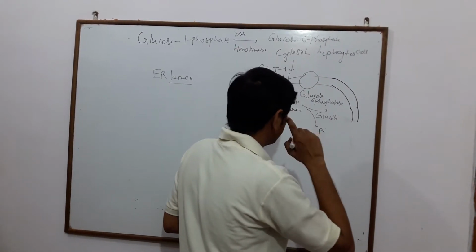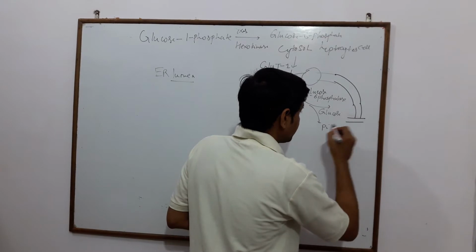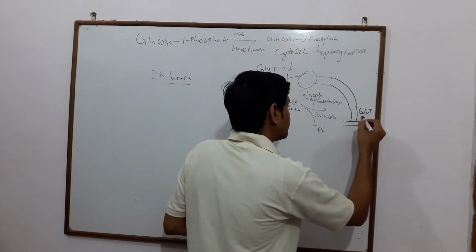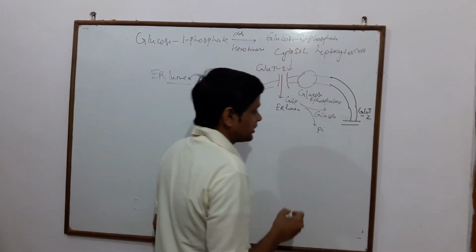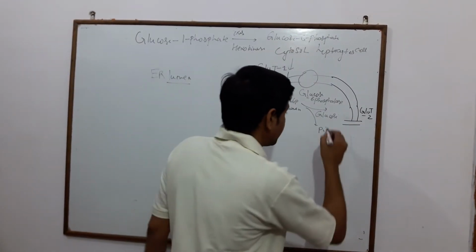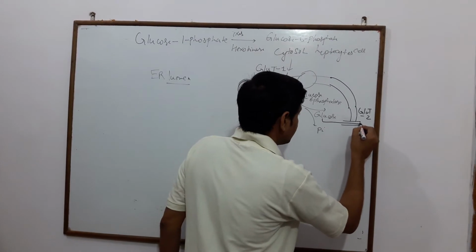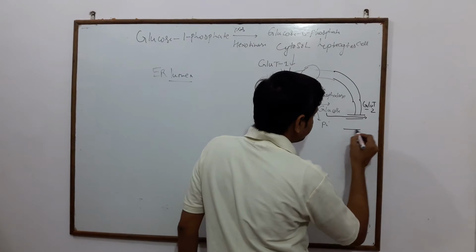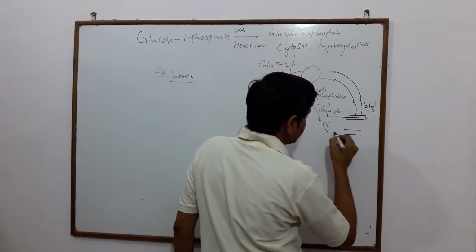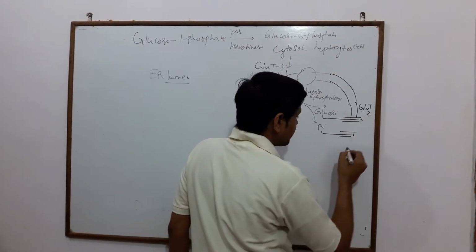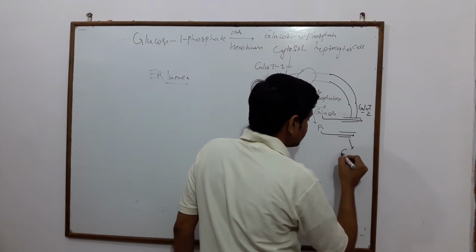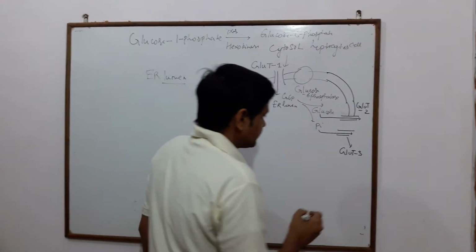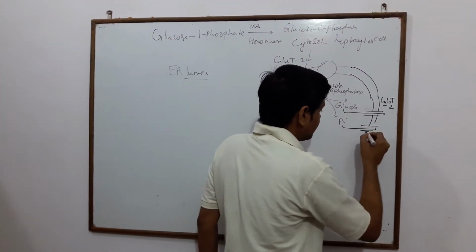For glucose, there is one transporter called GLUT2, which is present on the ER membrane and passes the glucose, and for the inorganic phosphate there is another transporter protein, GLUT3.